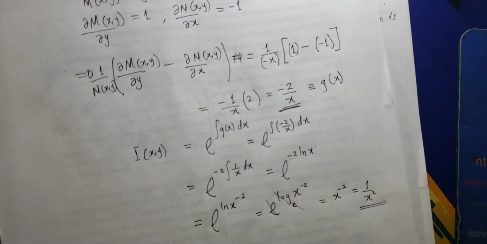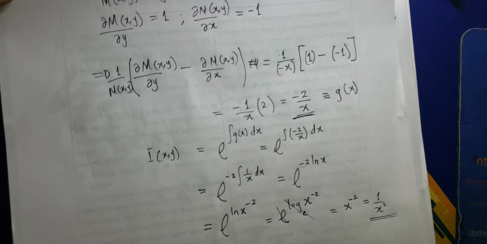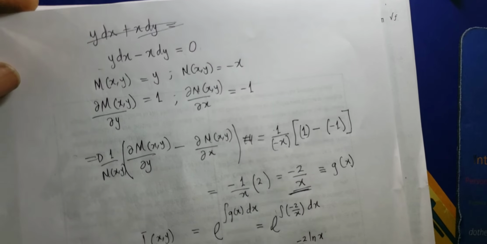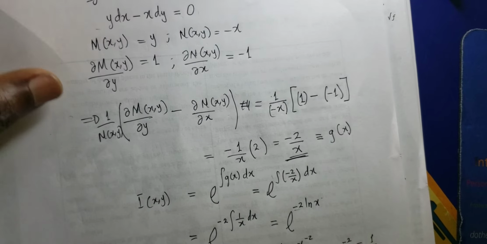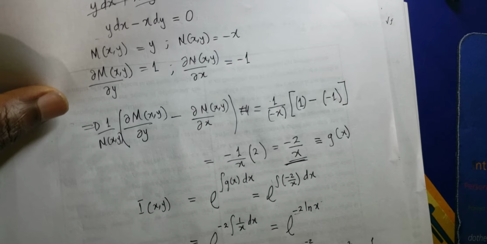Right. So when I multiply this all through by 1 over x squared, what is it going to give me? So let's see. This is y dx minus x dy equals 0. I hope you can see that on the screen.